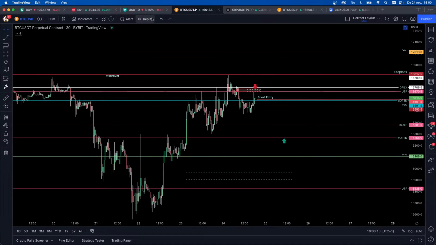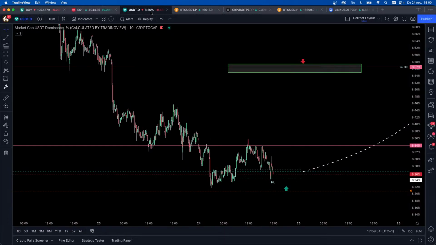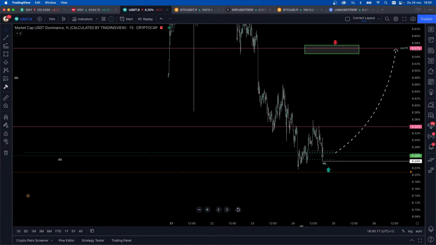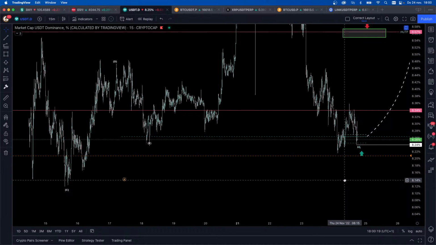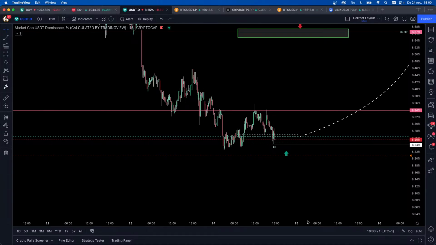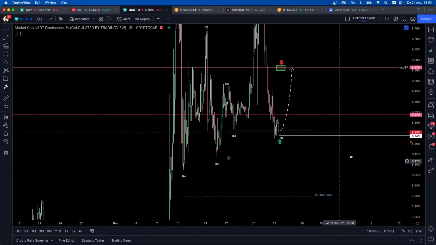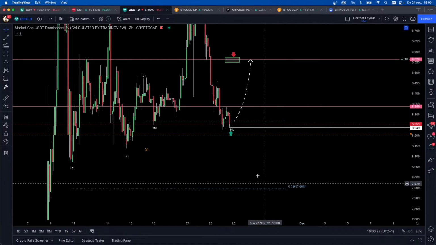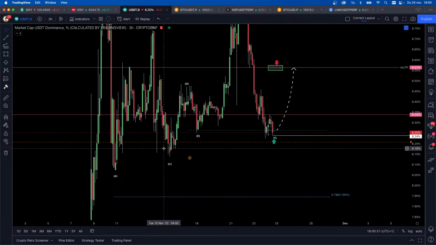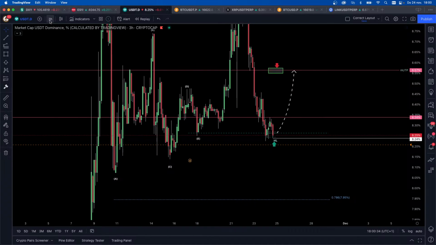But USDT is looking like it wants to take the lows, and then we could actually break out for Bitcoin. So then I will enter a long, because everything else is literally tapped in here.